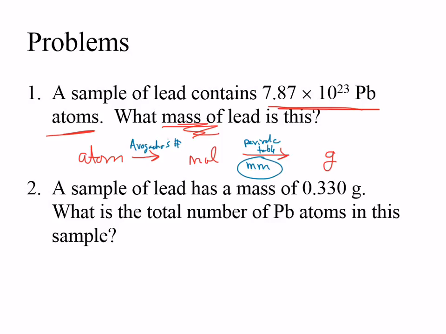So that's the first one, and the second one, let's see, it gives us grams. We have a mass of, again, the same element, lead. So we have grams, and we want to go to the total number of atoms. Well, we can go from grams to moles using what?